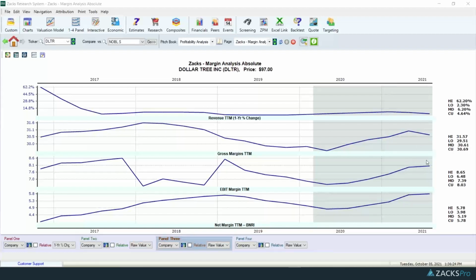They were able to offset the decline in gross margins by cutting costs in SG&A and R&D. Obviously, they don't have much R&D, so it was primarily selling, general, administrative. They were able to keep their net margins flat. But obviously, with what's going on with shipping and everything else that's going on with inflationary pressures, they've realized now that they've got to raise prices, and so that's what they're doing. The stock shot up some 14%.